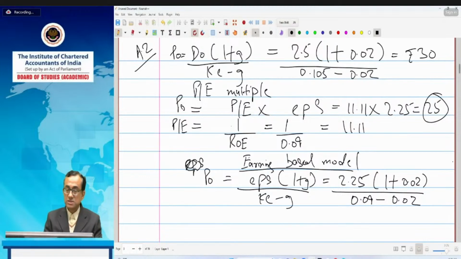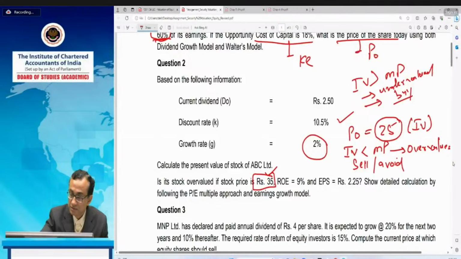Students, in this case, this confusion may arise: why is this 9% discount rate used and not the 10.5% discount rate? The reason is that in the earning growth model, return on equity and the discount rate are used interchangeably. What is the basic purpose of the earning growth model?